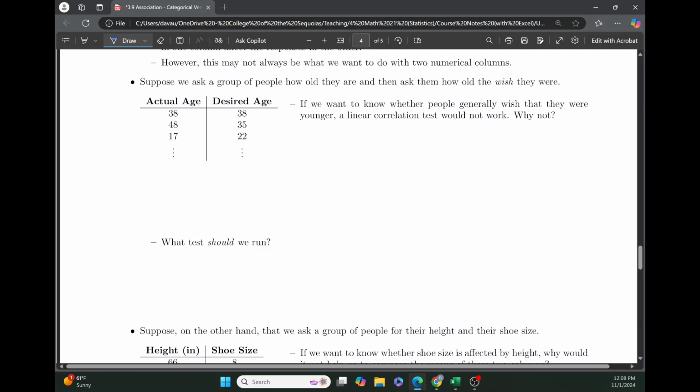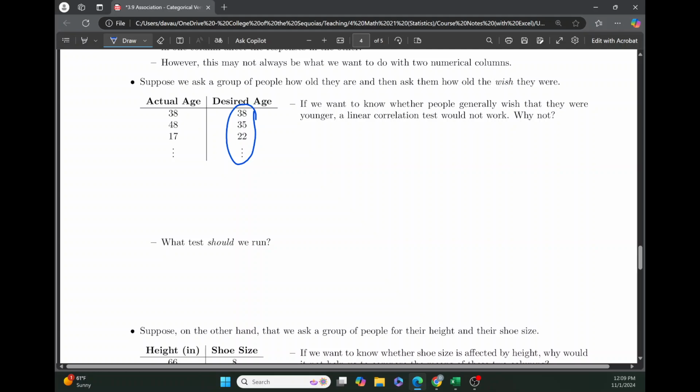Because let's imagine now that everybody's desired age is like 10 years younger than their actual age. If that were the case, then once again, we would get a perfect linear correlation.